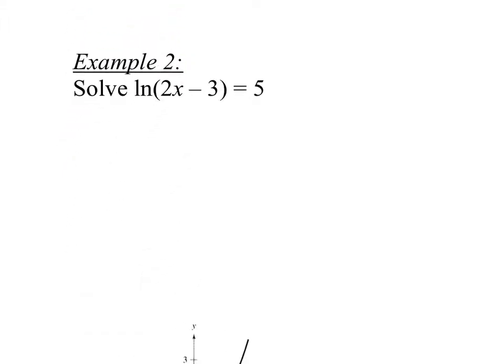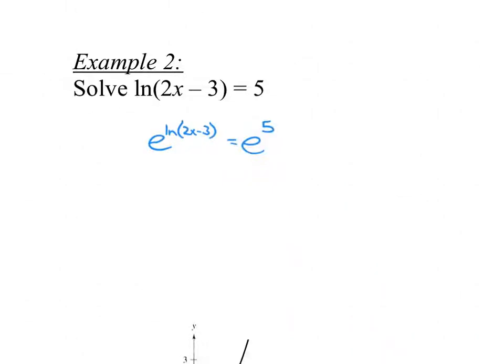How about right here? ln of 2x minus 3 equals 5. What am I going to do with that? Okay, I get what you're saying there. Yeah, we would have e on both sides, and we would make what's on both sides the exponent of e. That's what you meant? So e to the ln of 2x minus 3.